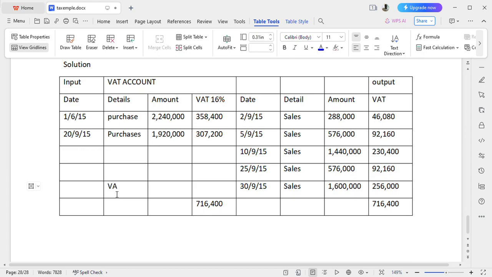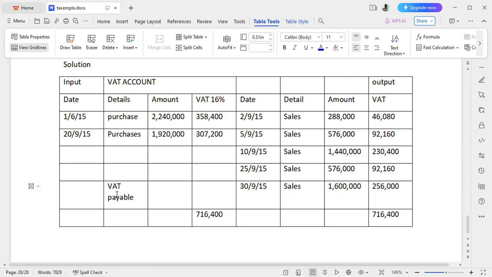Our VAT payable will be 716,400 minus 666,400, so 50,000.